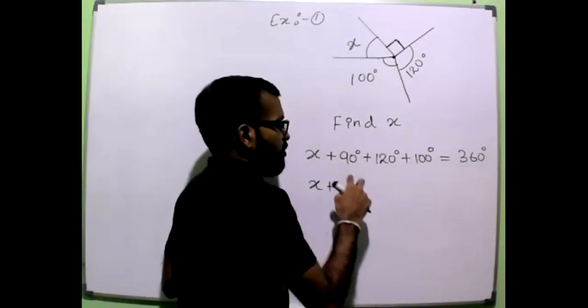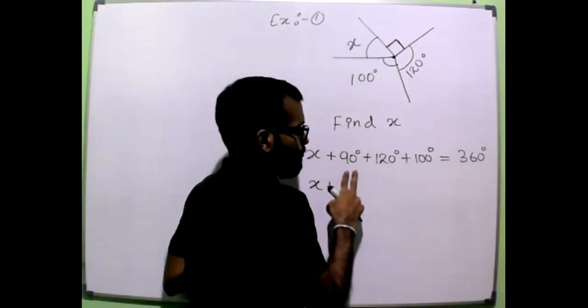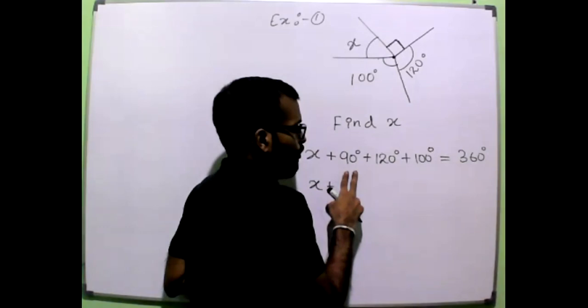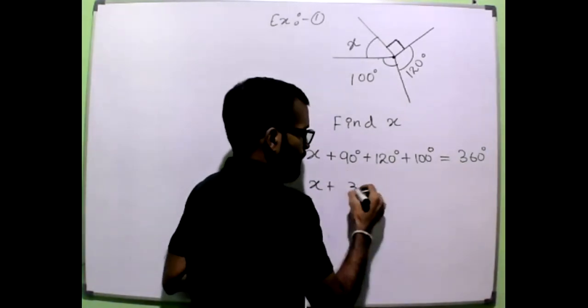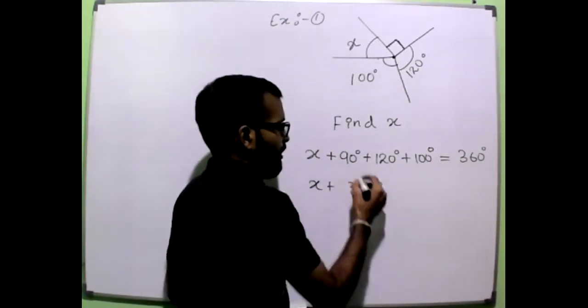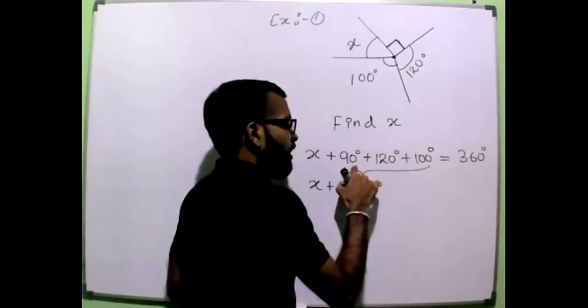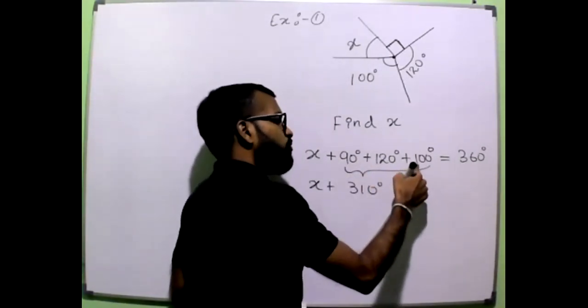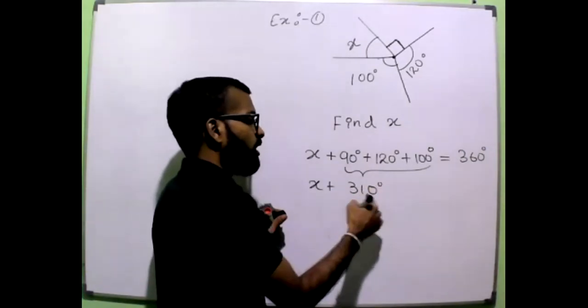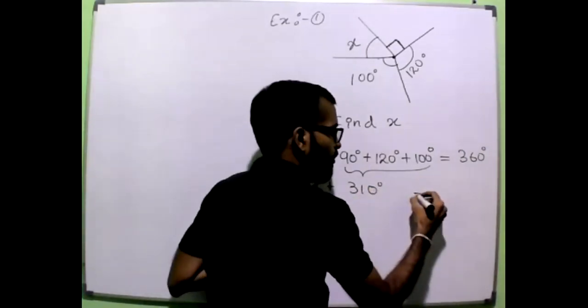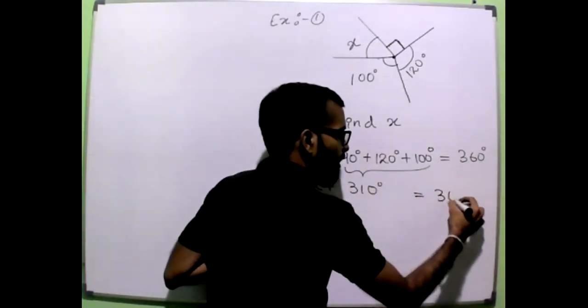It will give you 310. So x plus 310 equals 360.